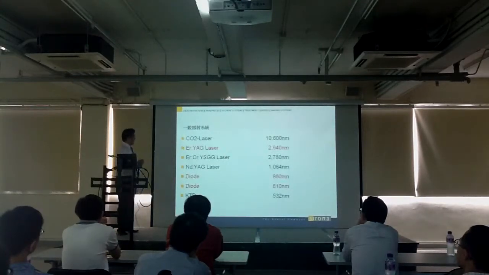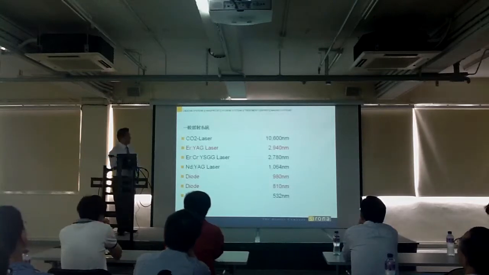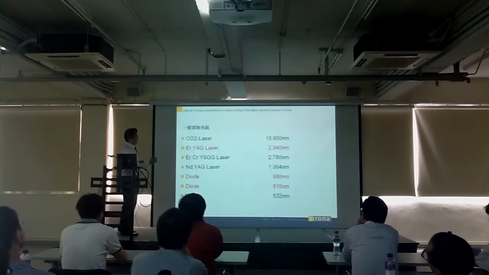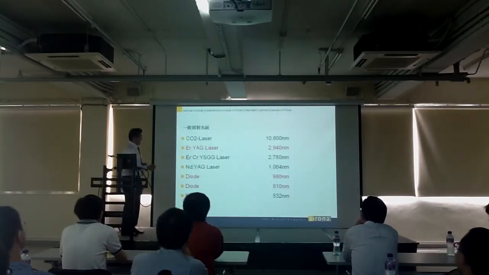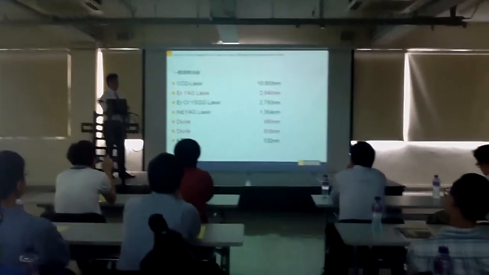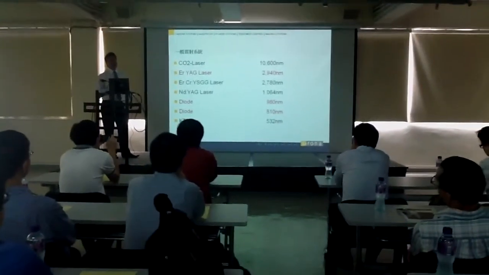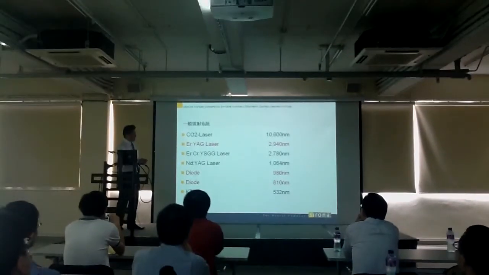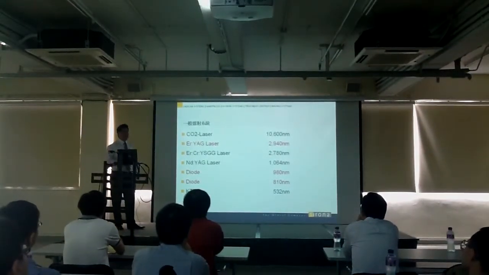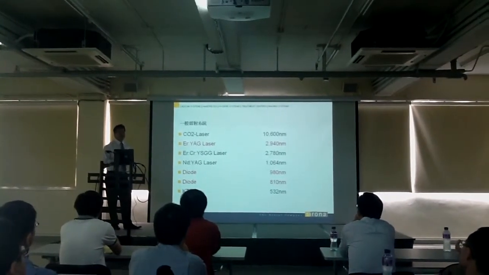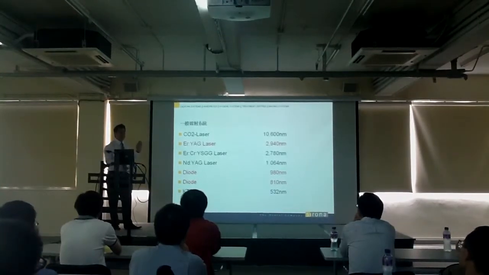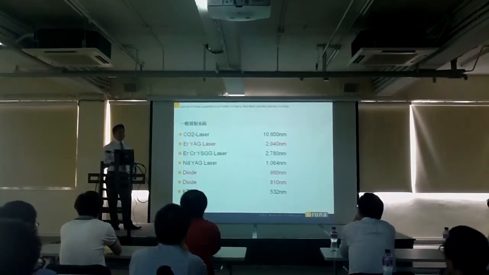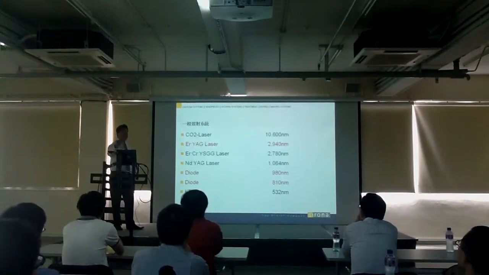Now, these are all the lasers that you see in the dental field with their associated wavelengths. Diode is funny. Diode laser actually covers from 810 all the way to 980 nanometers. That's the only laser that has a range.